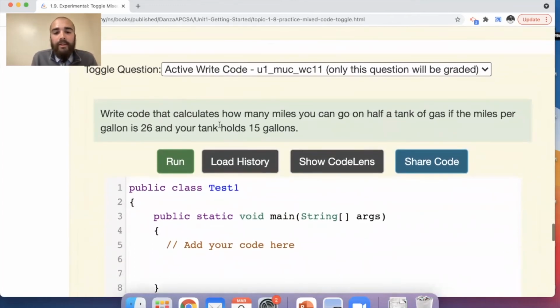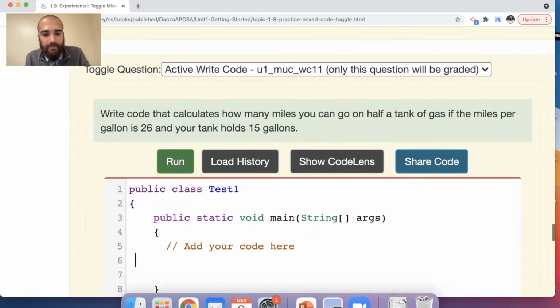Write code that calculates how many miles you can go on half a tank of gas if the miles per gallon is 26 and your tank holds 15 gallons. All right. Okay, so I'll say miles per gallon equals 26.